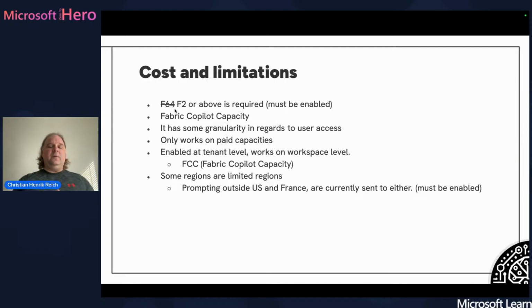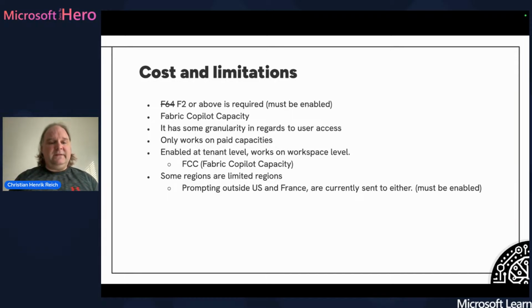And the F64 used to be equal to the old Power BI Premium P1 license, which is around 10,000 euros. It was also where you got the enterprise features compared to the lower tiers. So the F64 within Fabric is a magic tier where you can save some money on sharing reporting, and you get some more features.